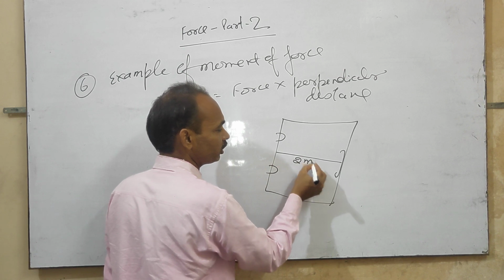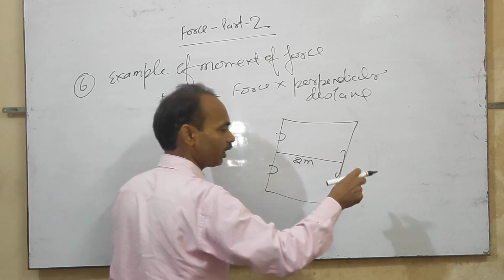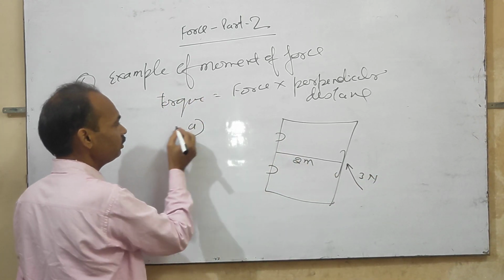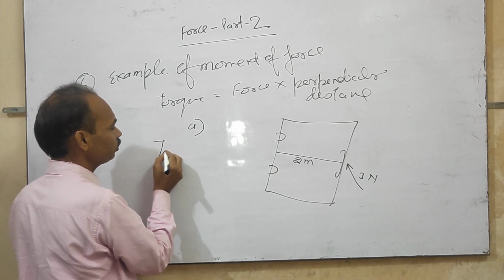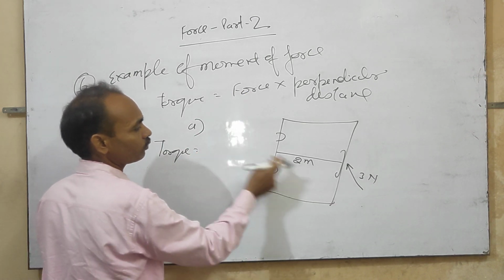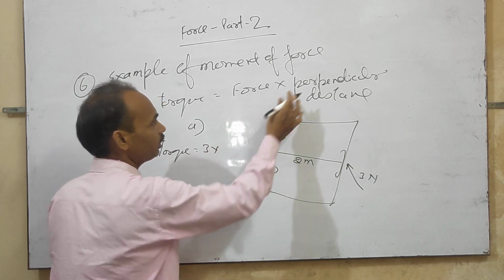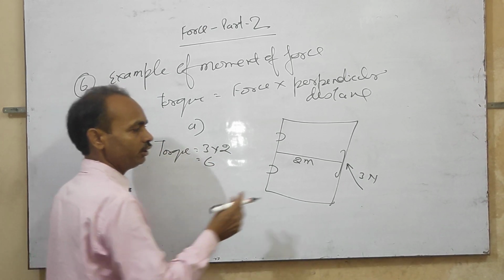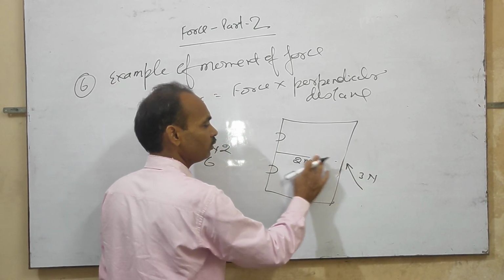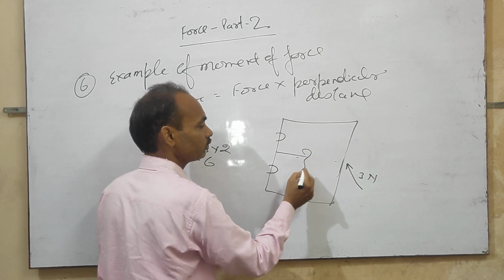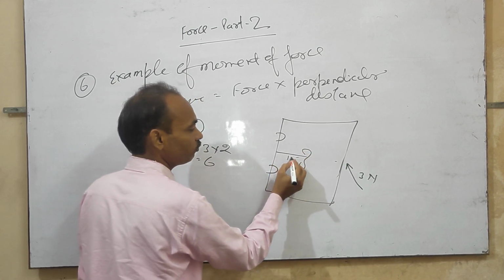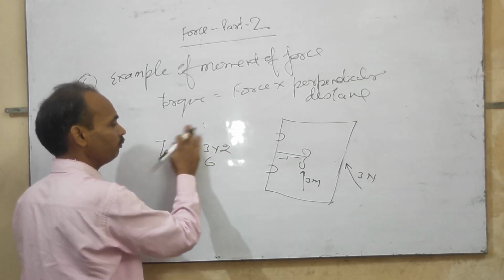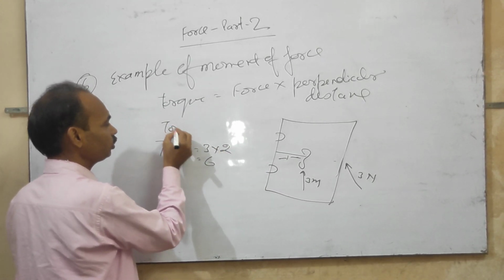Suppose this distance is 2 meter and you apply a force of 3 Newton at this point, then torque will be force 3 Newton and distance 2 meter, equal to 6. And if the handle is fixed at this point, the distance is 1 meter and the force is 3 Newton, then what will be the answer?